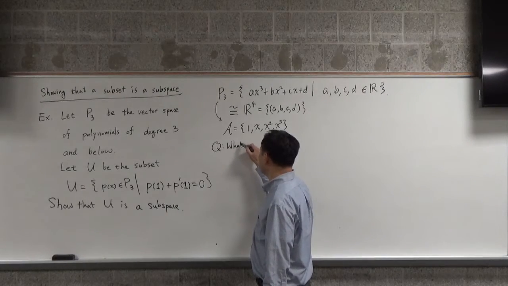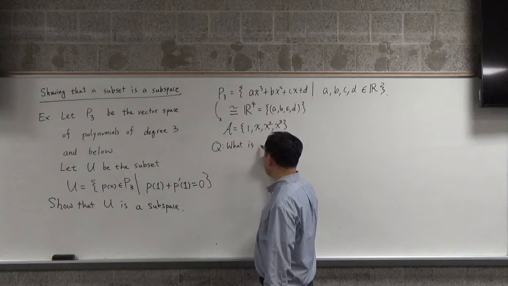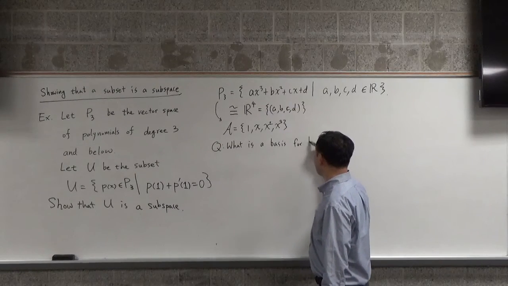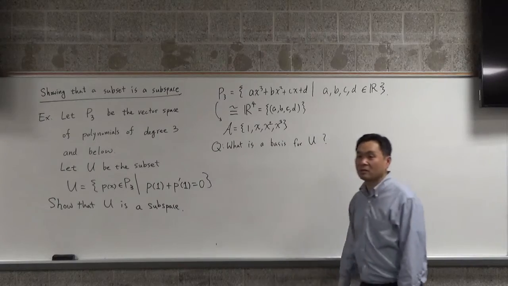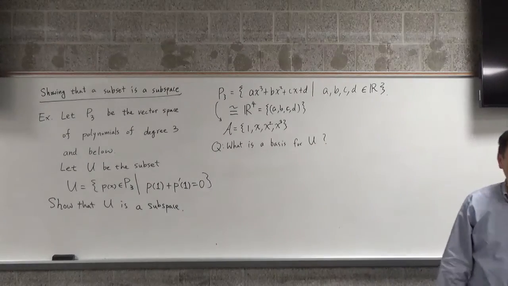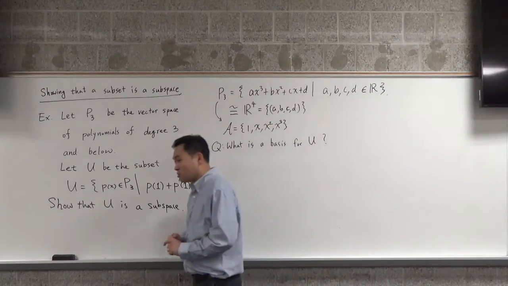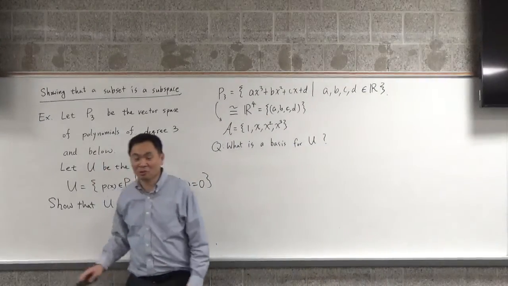But let's try to pose this question: what is a basis for U? Now I can't say the basis, because if you have one basis, there are always other bases you can come up with.